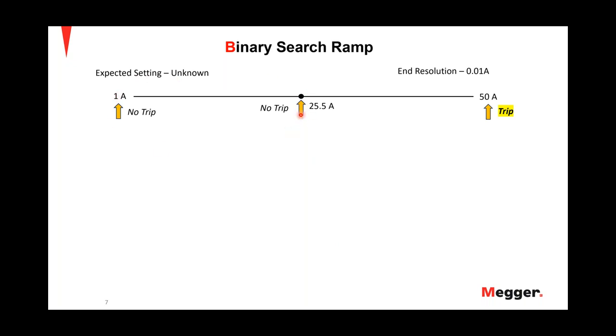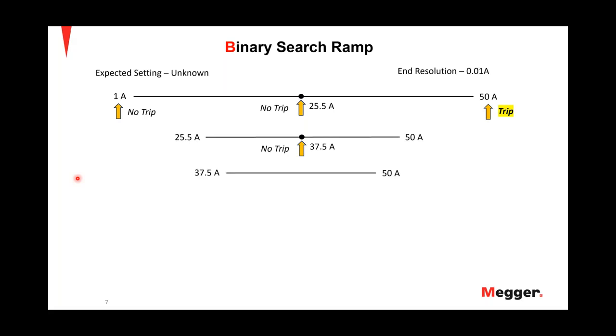It is between 25.5 and 50, because there was no trip at these values. So the new range becomes, as shown here, 25.5 and 50, and then it again picks the midpoint, which is 37.5, and injects the current, and it sees that there is no trip again. So based on this result, it again updates the range to the new range, as shown there.